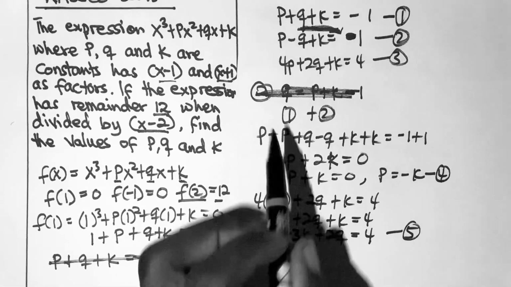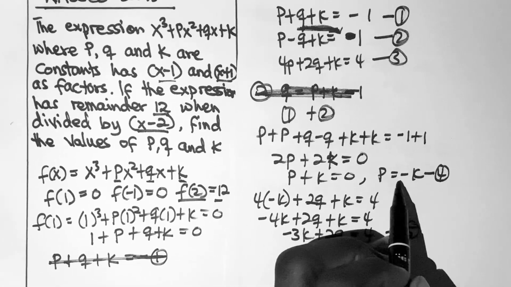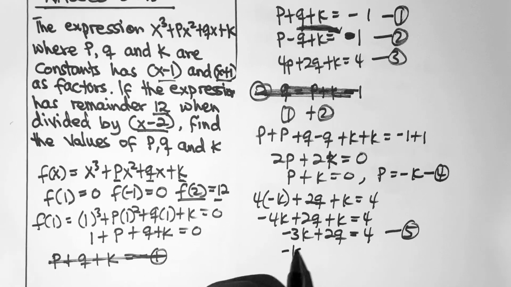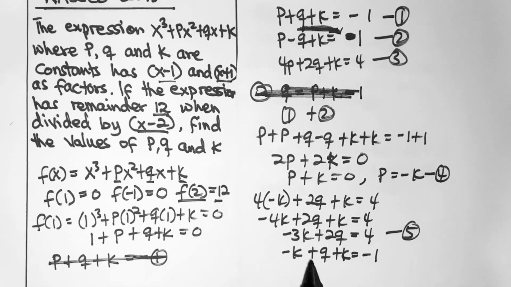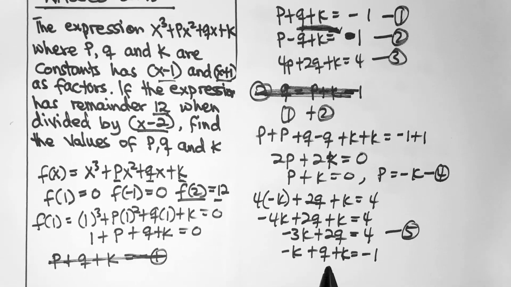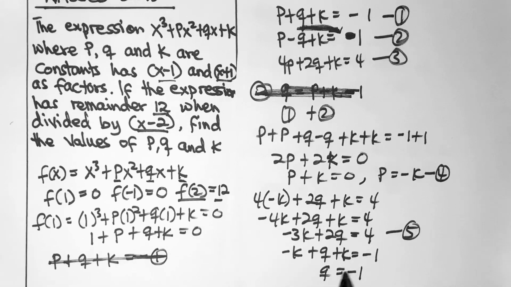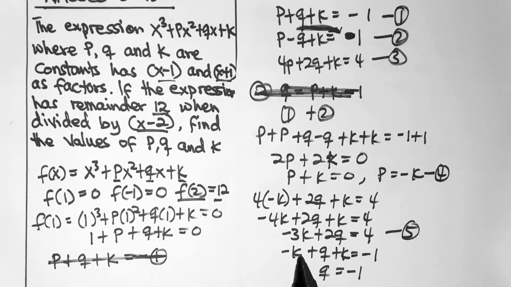But if we put this same value of p in equation 1, it becomes minus k plus q plus k equals minus 1. So minus k plus k is 0, so q is equal to minus 1. So now that we know the value of q is minus 1, we can put it into equation 5 and find k.